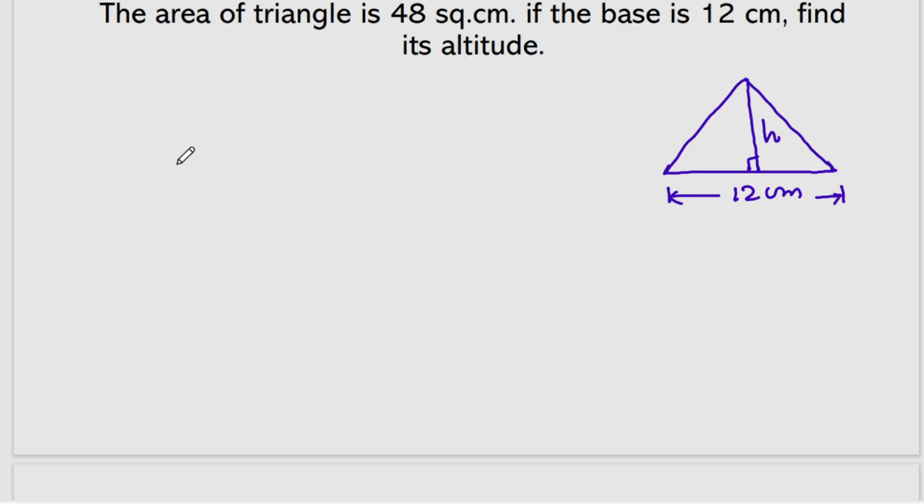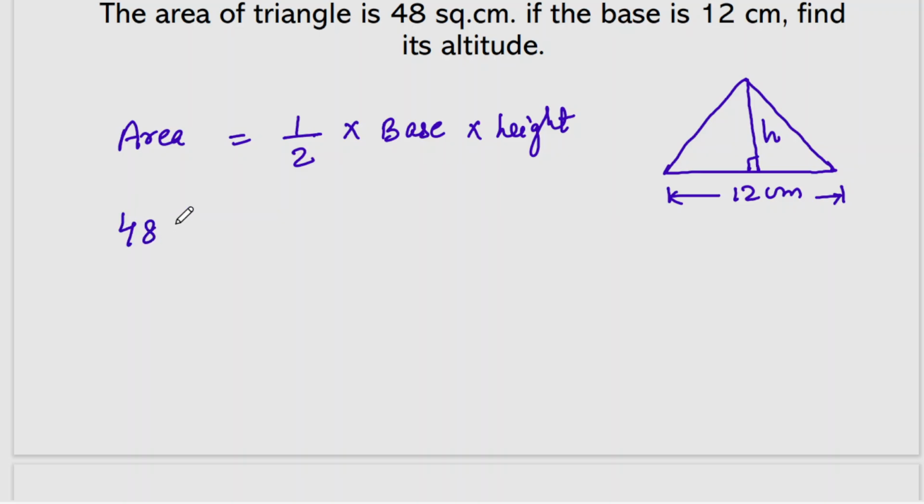Okay, now we know that if we know the base and the height of any triangle, we use the formula for area: area equal to half into base into height. Okay, so what is area here? Area is given as 48 centimeter square equal to half into what is base?